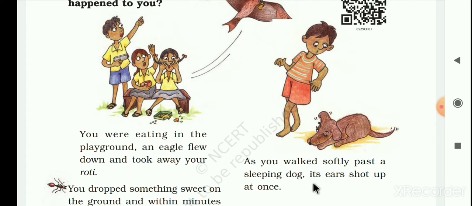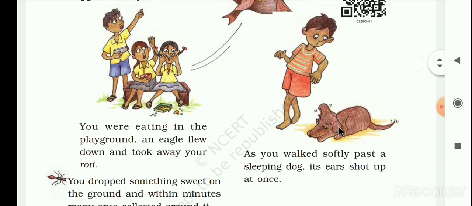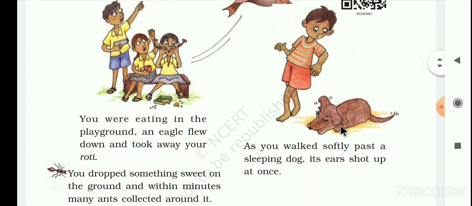What happens? He runs, right? So over here, which sense organ is being used? Very good. Ears, right? So through ears, the dog is able to listen. Also over here, the dog feels your touch, right?